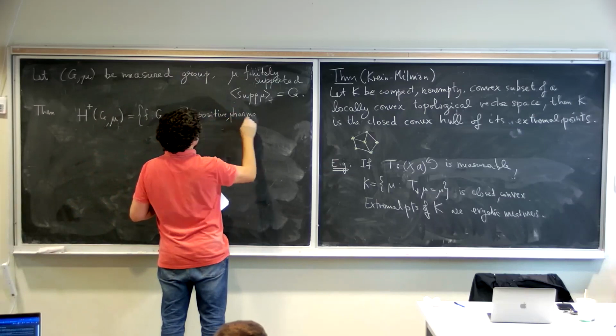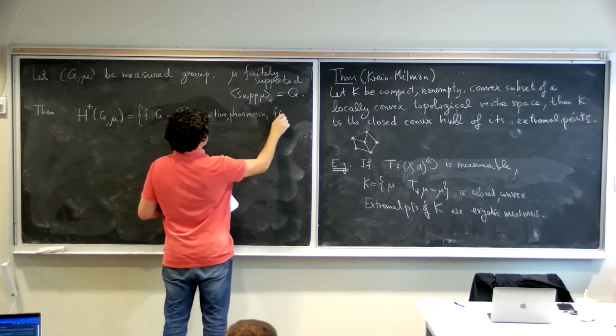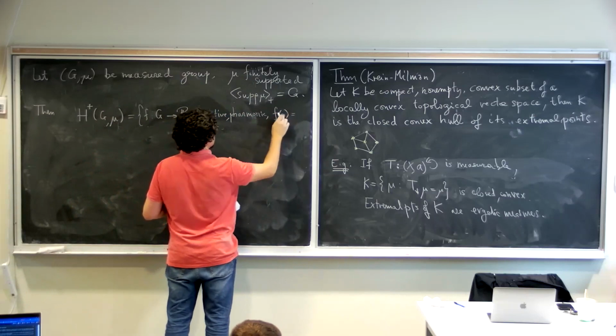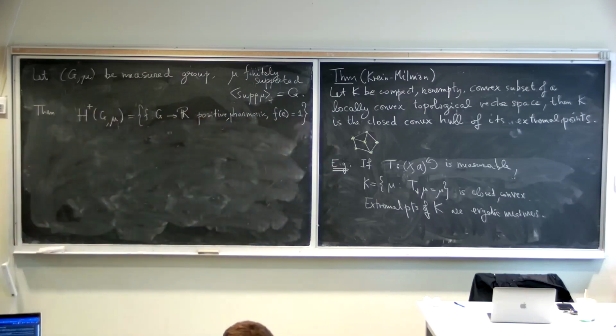And then let's normalize such that F of the identity equals 1. Just by rescaling, we can normalize it like that.